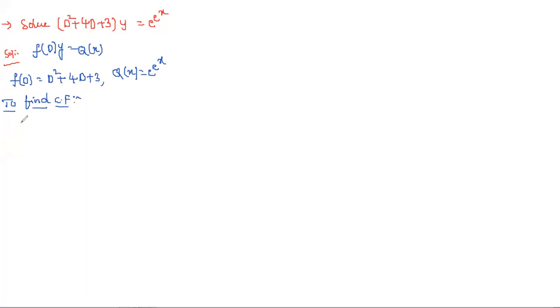To find the complementary function, the auxiliary equation is f(m) = 0, that is m² + 4m + 3 = 0.